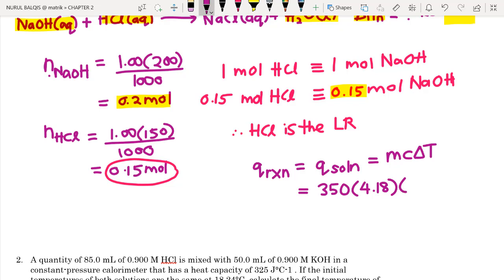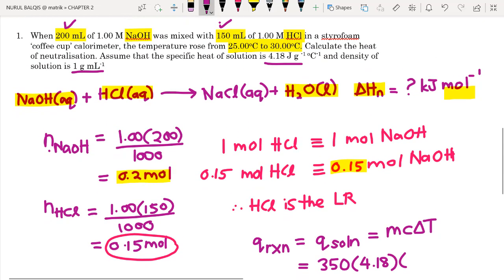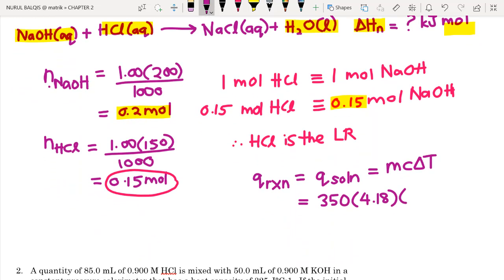And lastly, our temperature change is from 25 to 30 degrees Celsius. So the difference between these temperatures is only 5 degrees Celsius. Once we calculate this value using a calculator, we're going to get a value of 7315 joule. But this is not the final answer for this question since they ask for enthalpy of neutralization.